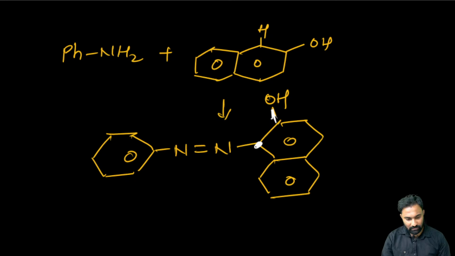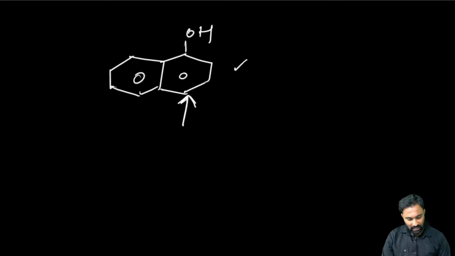Clear? Acha. This is the beta naphthol. The coupling will happen here, and this is the orange color dye. Now for the 1-naphthol, or alpha naphthol, if they have given, the coupling will happen at this position. Okay?